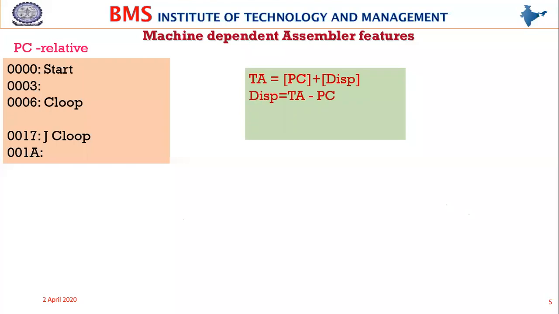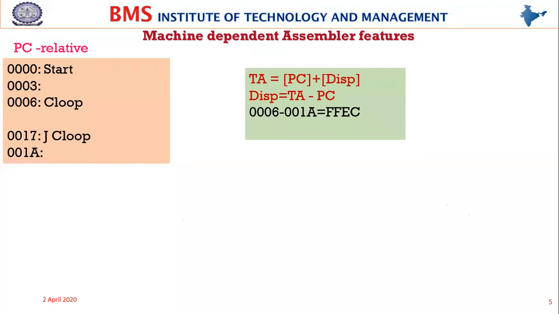So as usual, target address is equal to PC plus displacement. Now the displacement is calculated by subtracting the PC from the target address. So 0006 is our target address minus 001A, which is our current PC value, the current PC value of which instruction? The instruction at 0017, right?